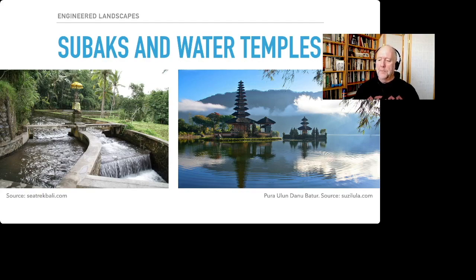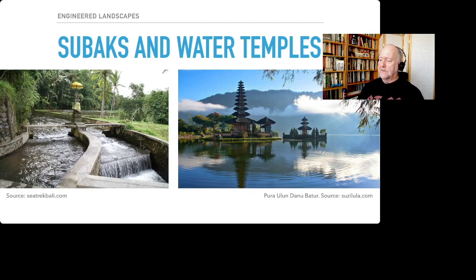And to that end, they established what are called subaks, which are regions in which there are forests that protect the water supply, terraced paddy landscape, rice fields connected by systems of canals, tunnels and weirs, villages and temples of varying size and importance that mark either the source of the water or its passage through a temple on its way downhill to irrigate subak land.